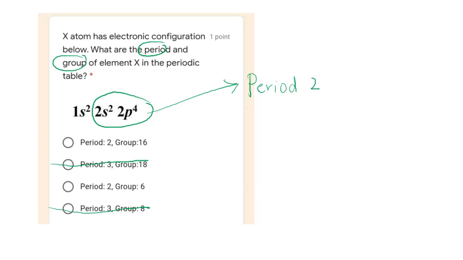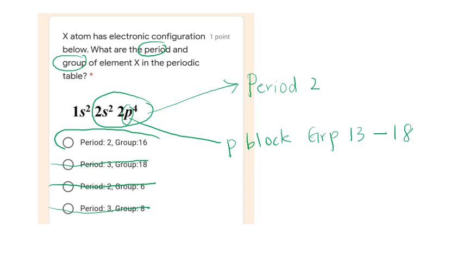And then we can see there is a p block. If it is p block, the group will be between group 13 to group 18. So again, option 3 will be out. So the correct answer will be the first one. How to get group 16? 4 plus 2 plus 10, so equal to 16.